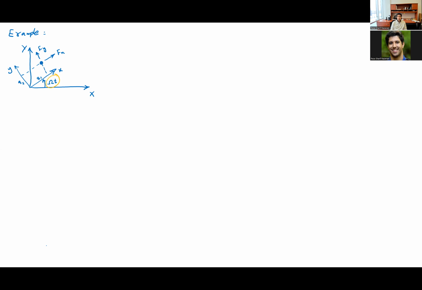Let's pretend everything is in a horizontal two-dimensional space, so potential energy is 0. My Lagrangian is then only the kinetic energy of the system, which is 1/2 mv squared.